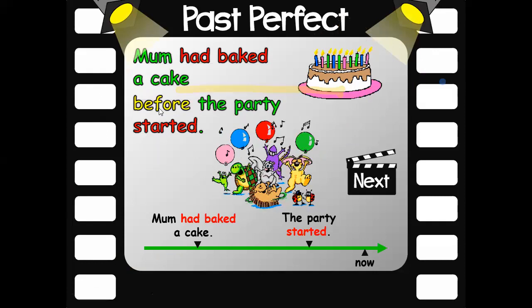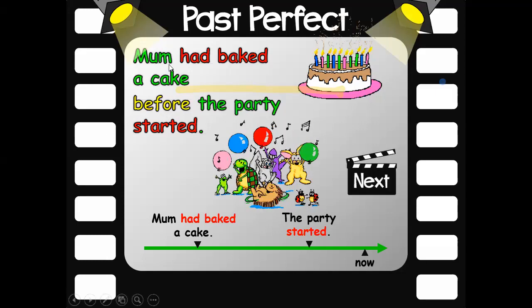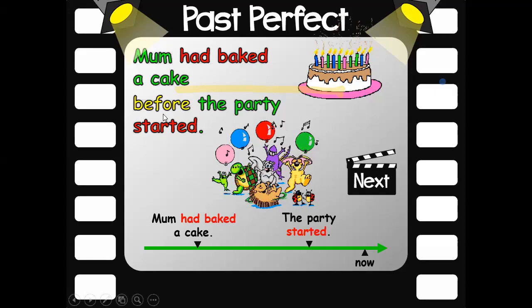If I started the sentence with before, how can I say it? Before the party started, my mom had baked the cake. Excellent. So you put past simple after before, even if you started the sentence with it. I want the same sentence but with after.